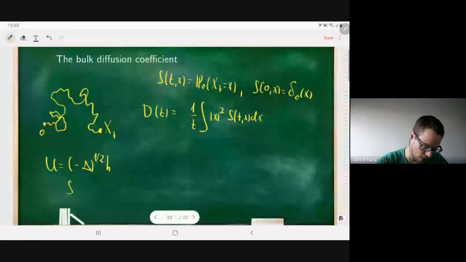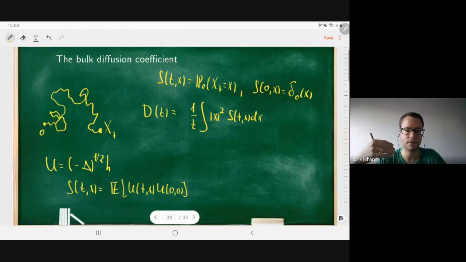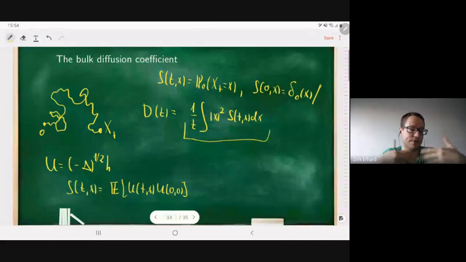And then in our context, and again, we copied it from the literature, you can define something like this, essentially some kind of a correlation. It turns out it has all these nice properties, and you can now copy this definition. If you do it for the linear equation, it turns out that this d of t does not depend on time, it's actually constant, which really means that the linear equation behaves diffusively. If you do it in our case, it turns out that the thing explodes.